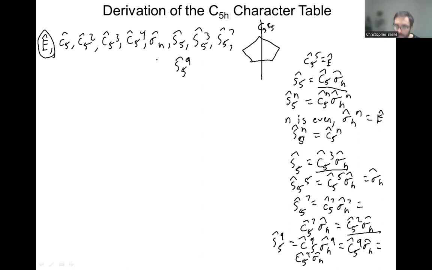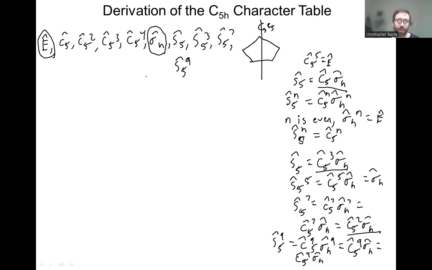The mirror planes are oftentimes going to be grouped together. Well, we only have one mirror plane, so that's going to be its own class. The rotations and the improper rotations are oftentimes grouped together, but not in these Cnh point groups or the Cn point groups. And there's a reason for that.